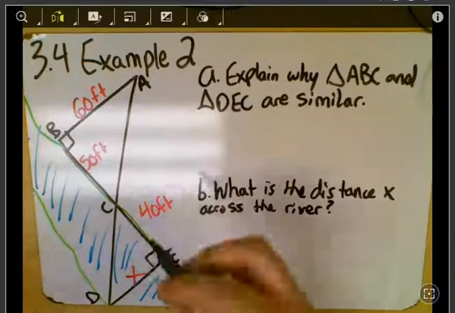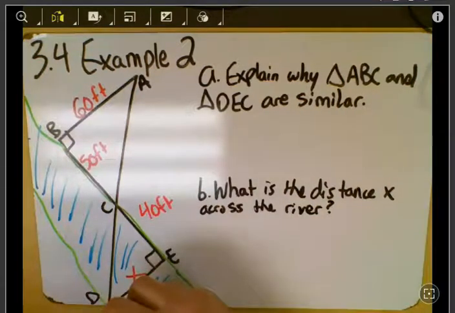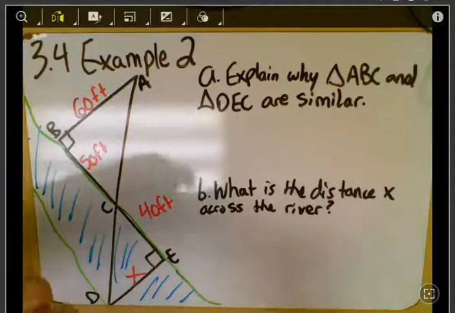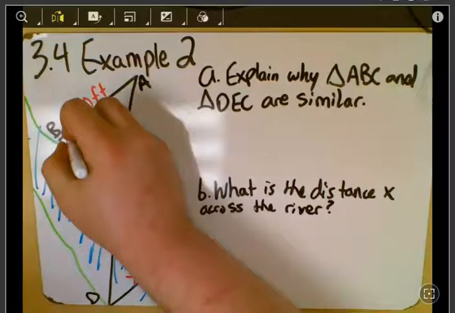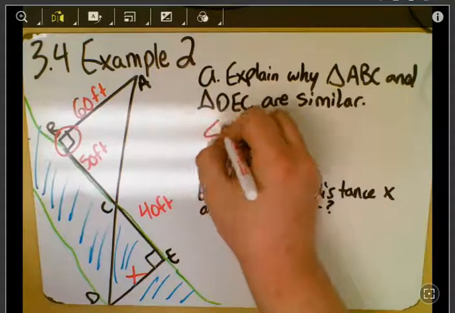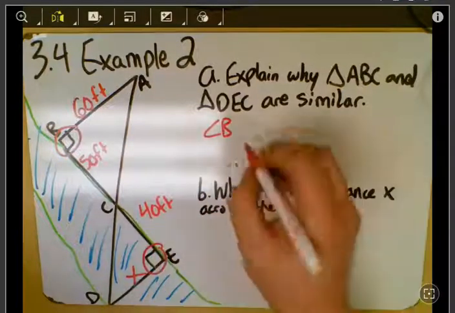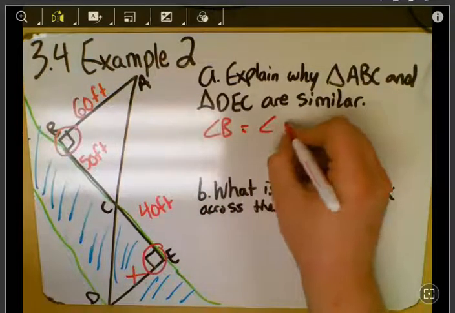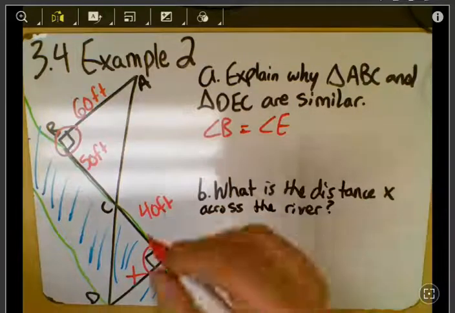So let's take a look at these two triangles and see if they have two pairs of congruent angles. This one has a 90-degree angle for angle B, and this one has a 90-degree angle for angle E, so angle B and angle E are equal. They're both 90 degrees, so there's our first pair.